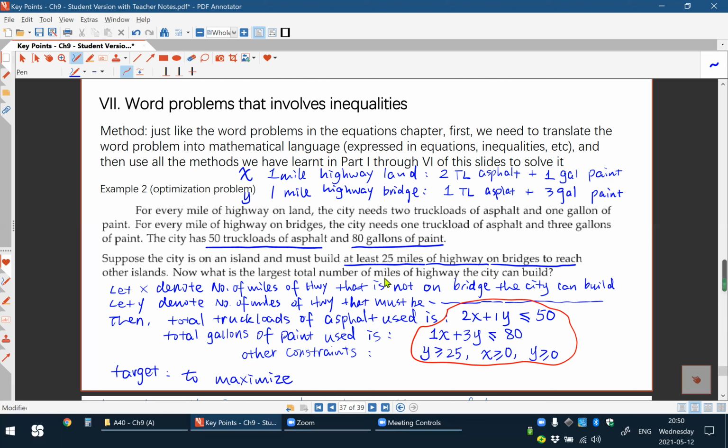Largest total number of miles. That means to maximize x plus y, right? Because x plus y is the total number of miles, right? So this question is actually to find the maximum value that x plus y can be under these constraints, right? And in this way, they convert it to a pure calculation problem.